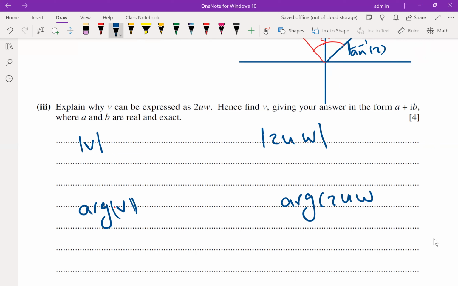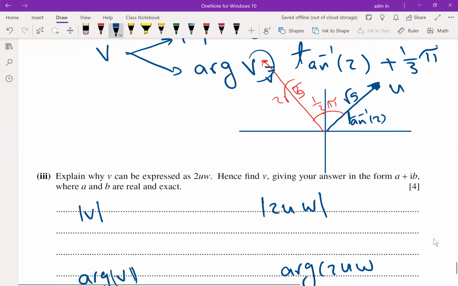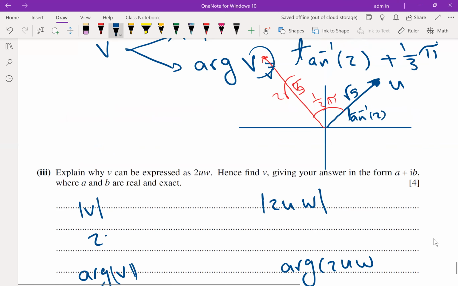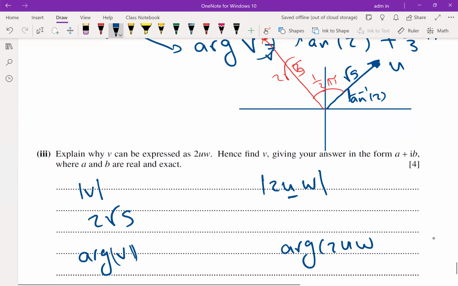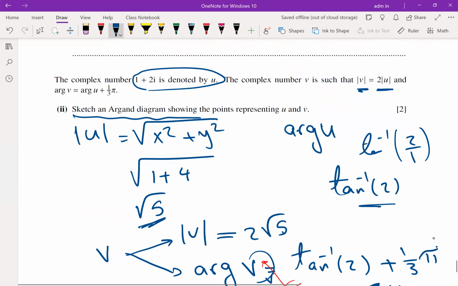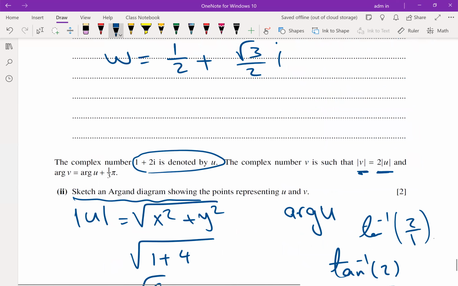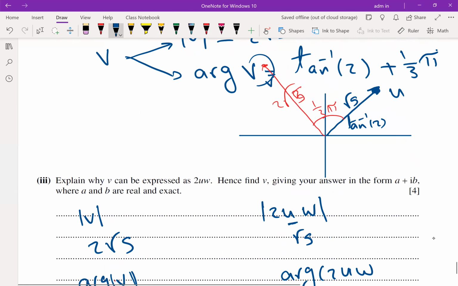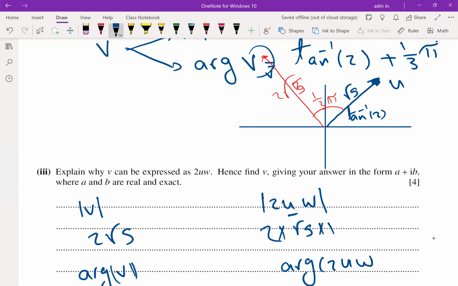The modulus of V is 2 root 5. And the modulus of U is root 5, and the modulus of W given is 1, so it will be 2 times root 5 times 1, which is the same, 2 root 5. So both have the same modulus.